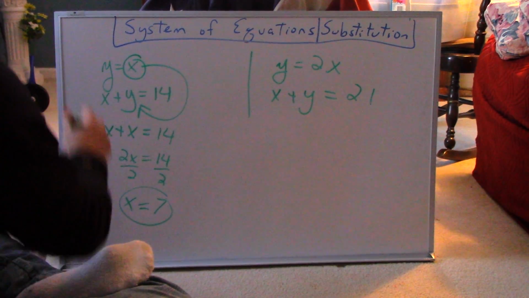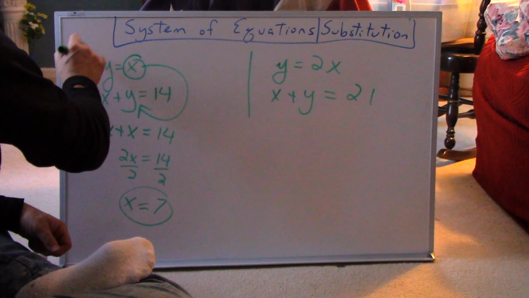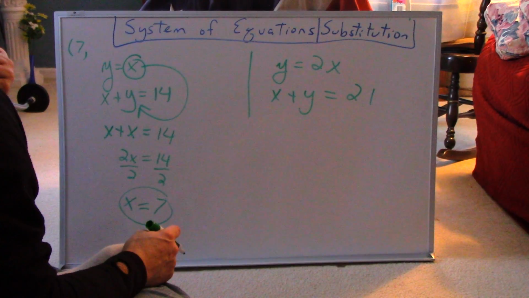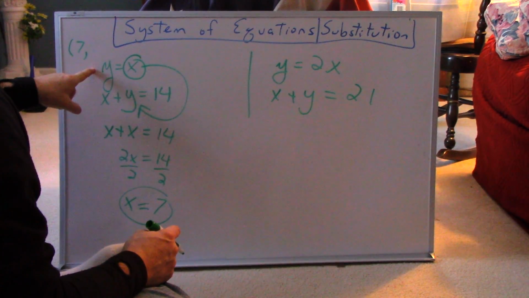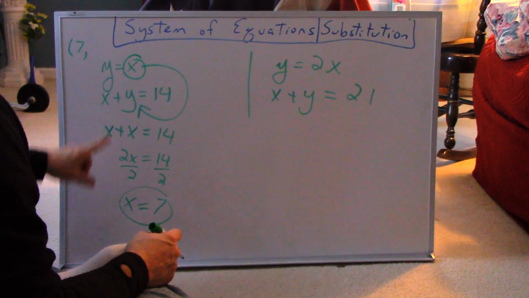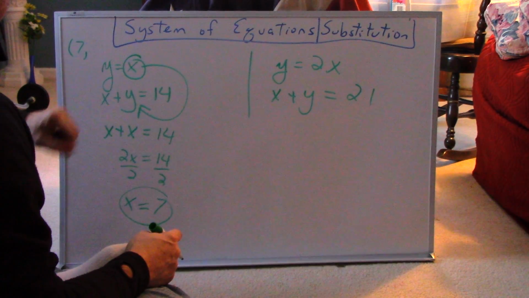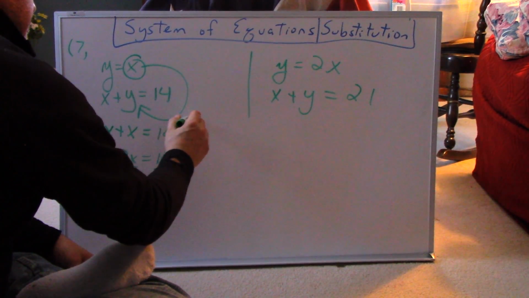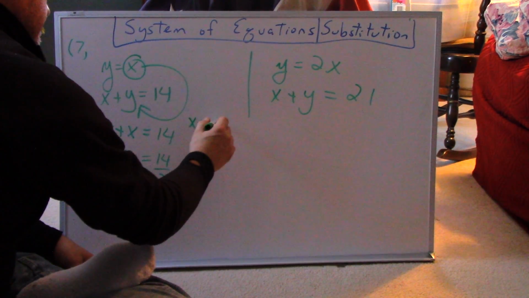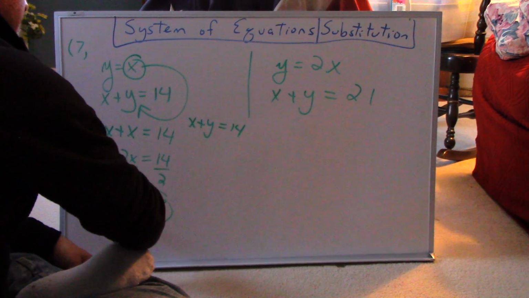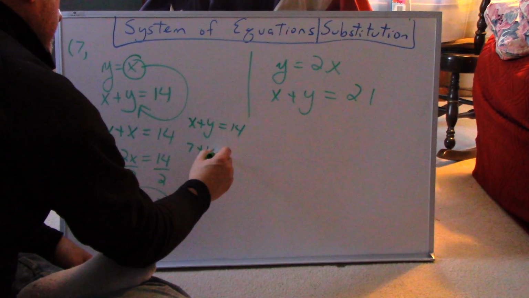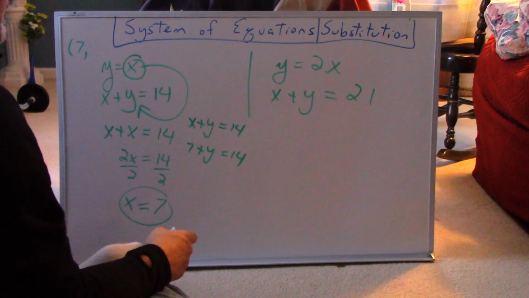And then you could go now and solve for y, because remember we have to get an x and a y. So our x here is 7. Let's go to our y. x is 7, so now we can put it in here. I would take x plus y is 14, put the x in: 7 plus y is 14.